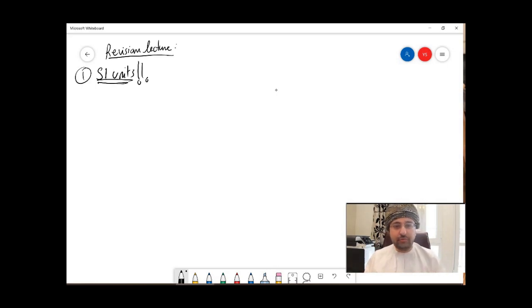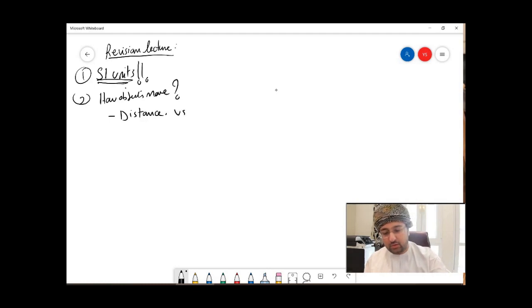Two, we moved on from there onto how objects move. And we discussed a few key points. We discussed the idea of distance, and we discussed the idea of displacement, okay?